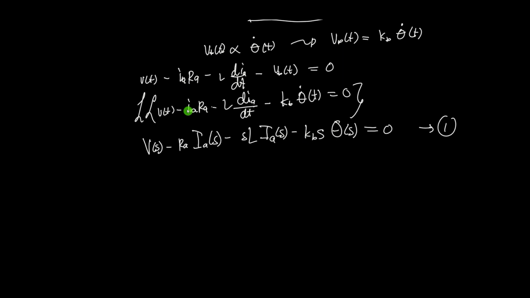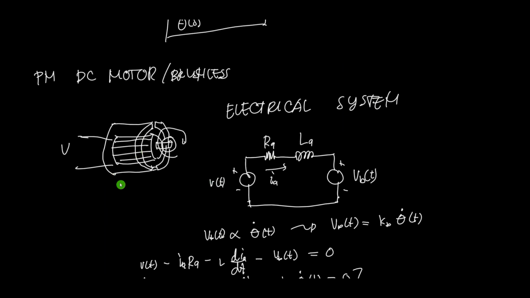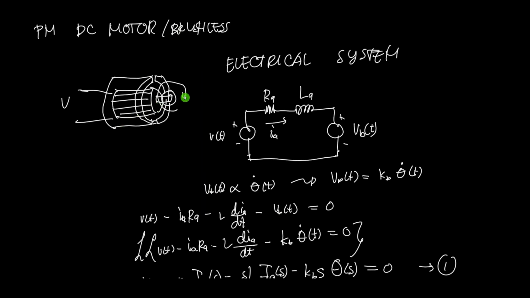Then for the mechanical part, the mechanical system, because this is a rotating mechanical system, a rotating device, the concept that we will be using is the rotational mechanical system. There's a shaft, and in the shaft of the motor there's a bearing.